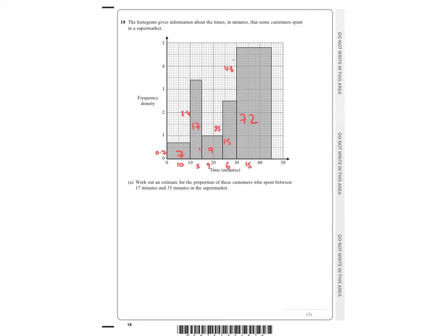So if we find 17 minutes, which is here, and 35 minutes, which is here. We need to find the proportion, which is essentially like finding the fraction. So we did need to work them all out because we need to find the total. So the total is 7 plus 17 plus 9 plus 15 plus 72. And then we need to work out the complete total.